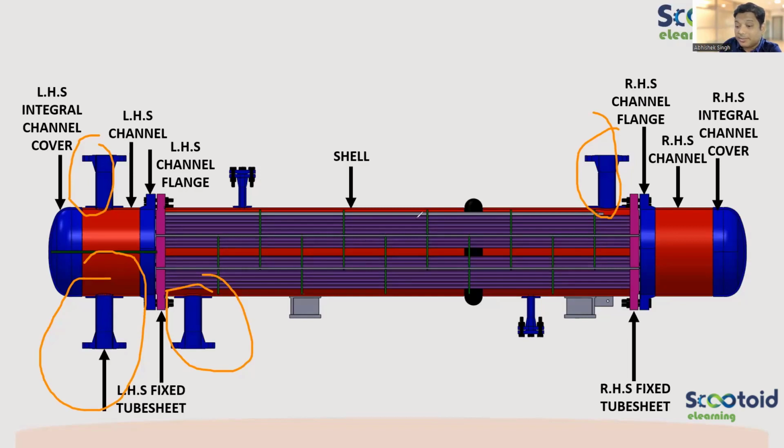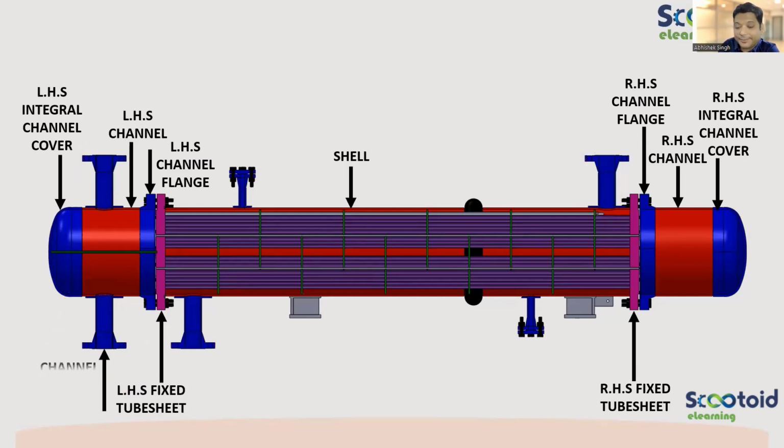So now there are multiple nozzles. There are 2 nozzles for the tube side, 2 nozzles for the shell side also. So one will be for entry, one will be for exit. So how will we name them? Now it has become easy. Channel side inlet nozzle, and the top.